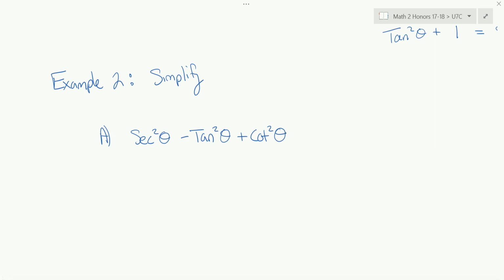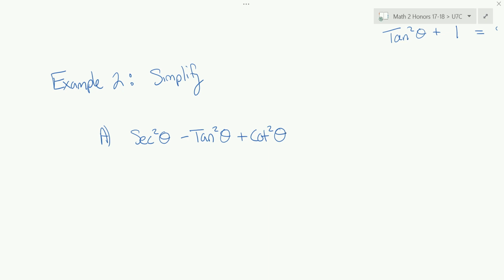So our first technique that we learned in example 1 was change everything to sine and cosine. And that could help. But now that we've seen Pythagorean identities, our second technique is using Pythagorean identities to simplify things down. And the problem itself that's given to you can give you some clues to what technique you need to use.